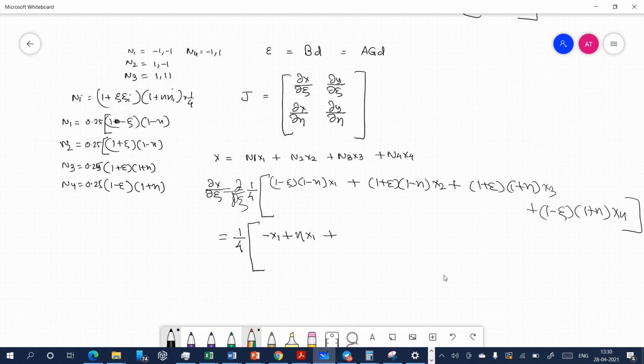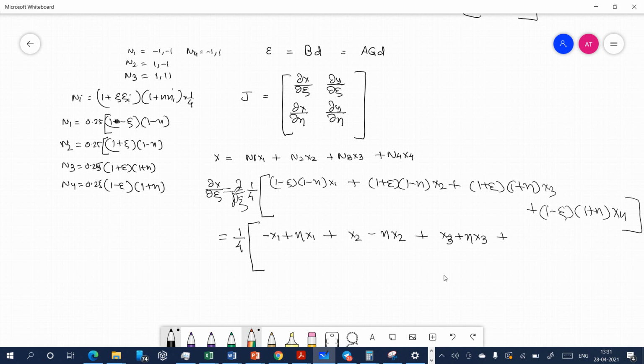Then from the second term, I will have, so 1 x2 will be 0. Eta into x2, and minus eta x2. Then I will have x3 plus eta x3.